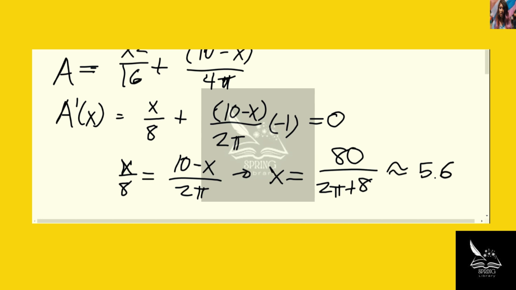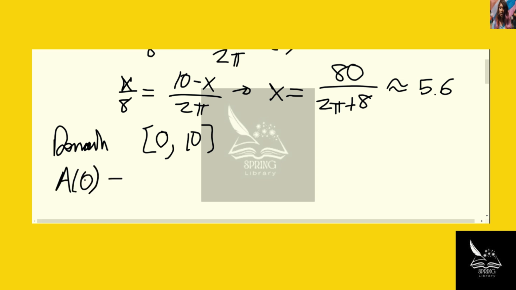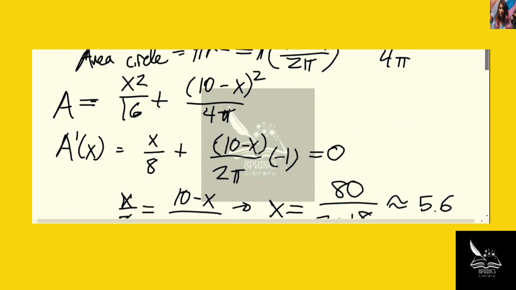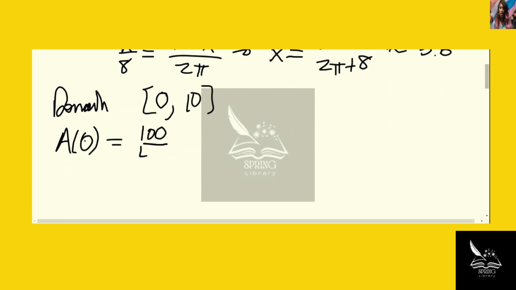Now we'll evaluate our area at this critical number and at the endpoints of the domain, and we'll compare. Our domain is from 0 to 10. These are the values x can take. So A of 0 is 0 plus 10 squared over 4 pi, which is 100 over 4 pi, or 25 over pi, which is approximately 7.96.